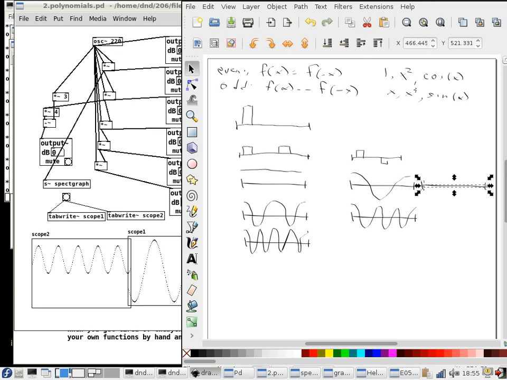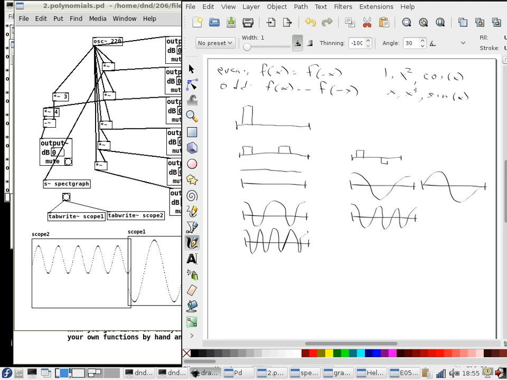So let's move this over. Now let me try to draw the same frequency but a different phase. Sorry, bad drawing. So this is the same frequency as that, and the only difference between those two is the difference of phase, right? If you regard this as 0, you could put 0 anywhere in this period that you wanted to for practical purposes.